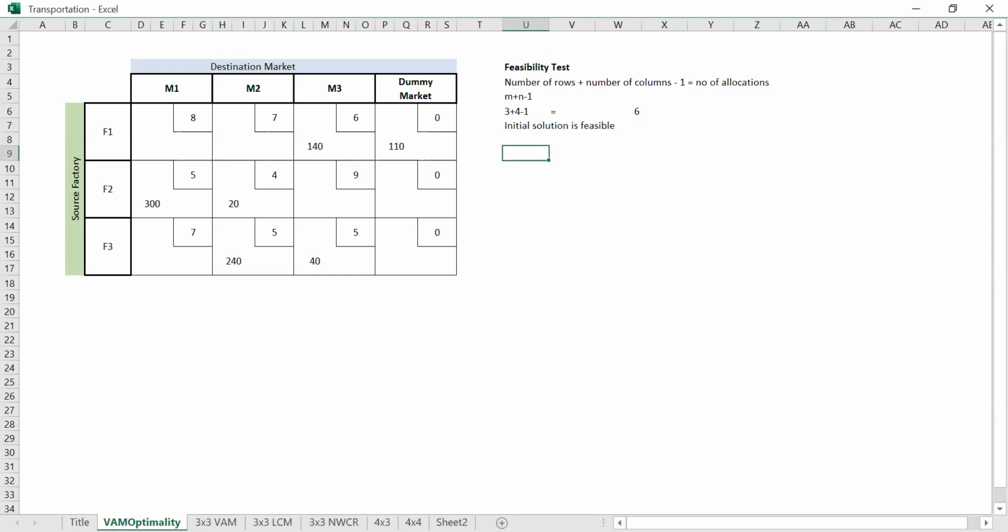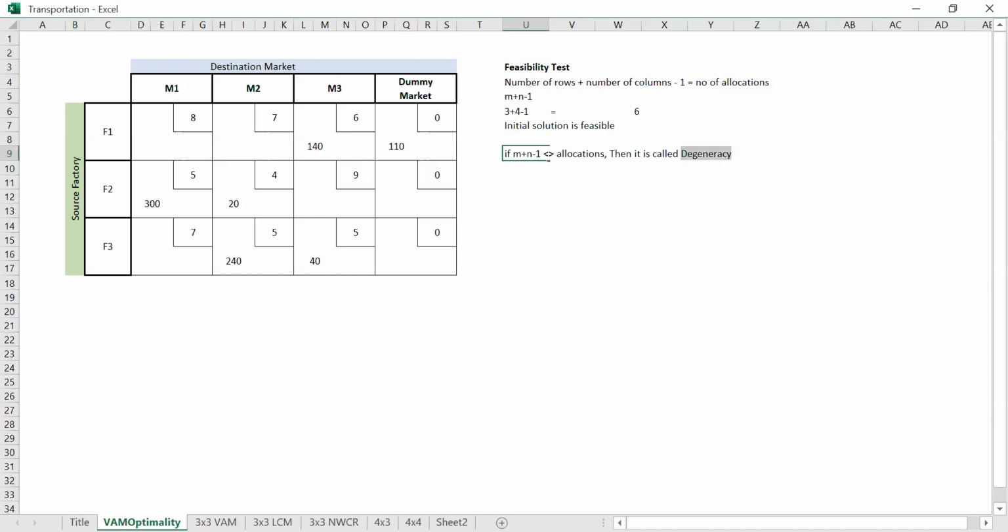What if it's not feasible? If M plus N minus 1 is not equal to allocations, then it is called degeneracy.